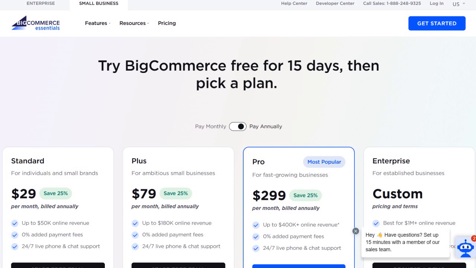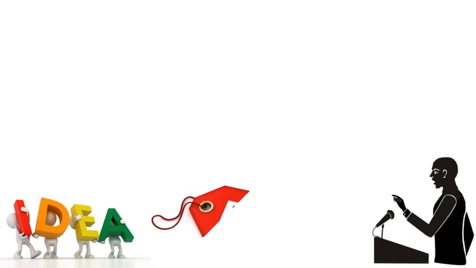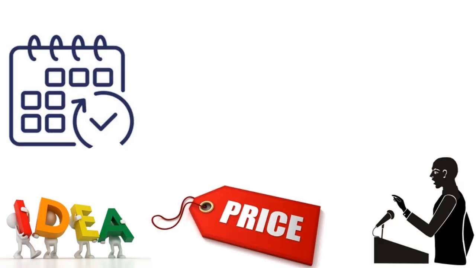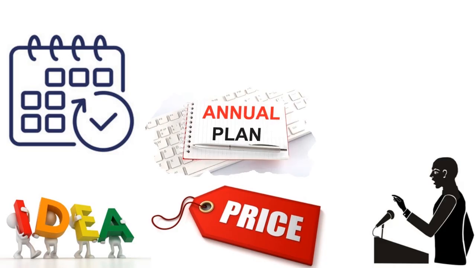Of course, they also have the enterprise version, where you have to call the BigCommerce sales team for more information, but at least you have an idea. All the prices I'm giving you are monthly prices for annual billing. If you go with the annual billing, you'll save 25%. But if you go with monthly billing, you will be paying more.